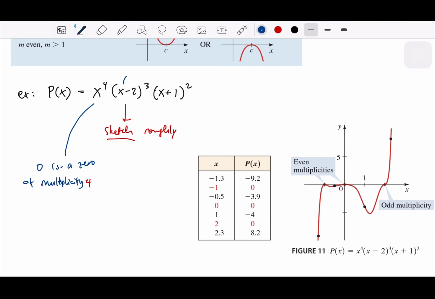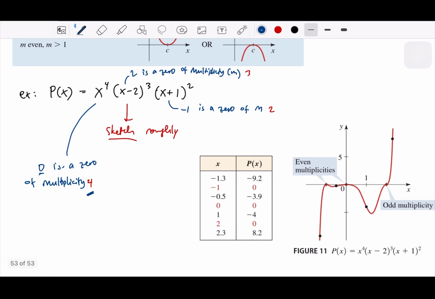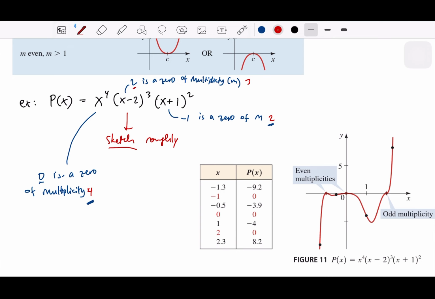Let me write multiplicity as m. 2 is a zero of multiplicity 3, and negative 1 is a zero of multiplicity 2. So 0 has multiplicity 4 and negative 1 has multiplicity 2, which are even multiplicities, and 2 has odd multiplicity.